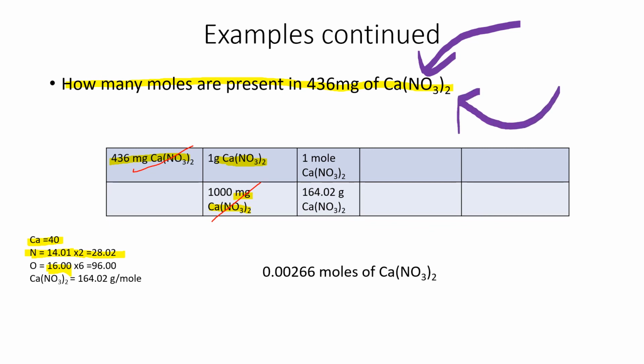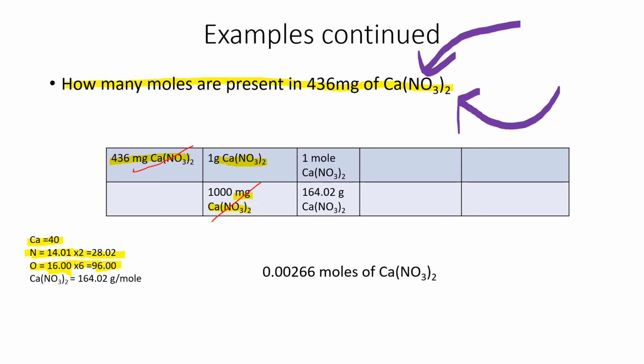Subscript outside the parentheses tells us how many of those groups we have. Well, 3 oxygens per group, and we have 2 groups. So that would be 3 times 2 for 6. We have 6 oxygens, so for oxygen, 16 each times 6, that would give us a total of, sorry, not 960, 96. We would have a total of 96.